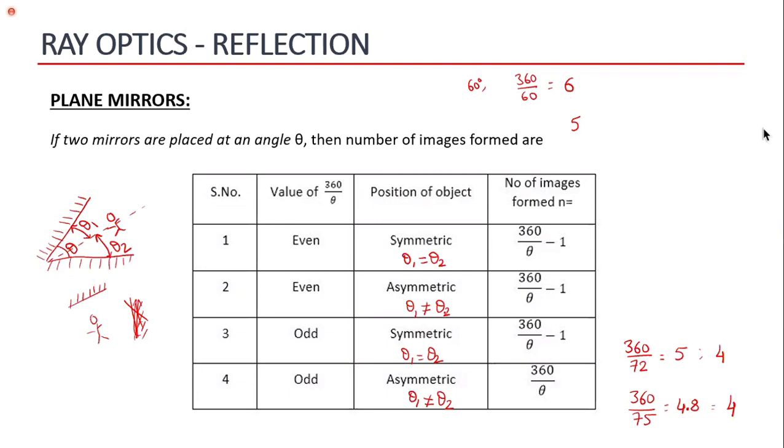Theta 1 not equal to theta 2, asymmetric. Easy to remember actually. Only the odd asymmetric case will have 360 by theta. Or else it will all be 360 by theta minus 1 only. Clear? Yes, sir.